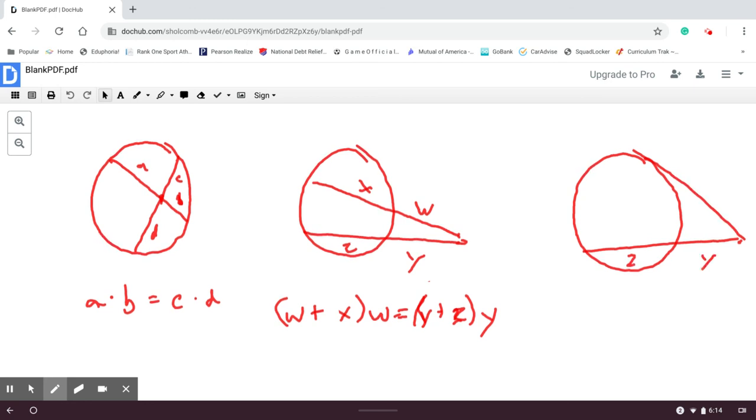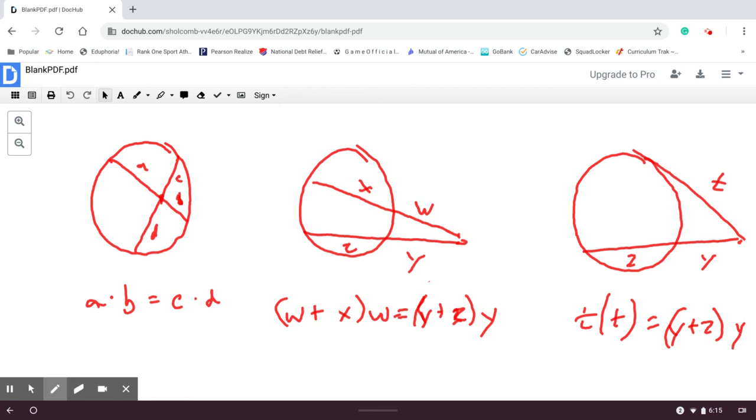There's Z, there's Y, and here is T. They label that one as T. All right, so in this case, T times itself, or T squared. Notice they just go straight to T squared. If you want to make it look like the others, you can do T times T. That's where the T squared comes from, is equal to (Y plus Z) in parentheses times that Y section that's outside.